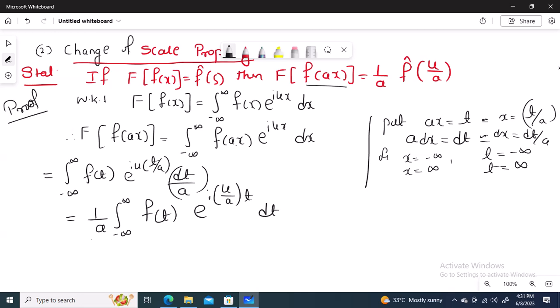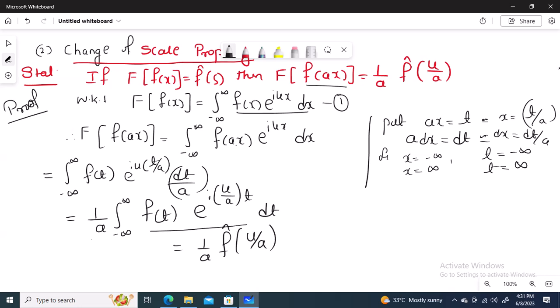Now compare this term with the definition: f of x, e power iux dx, with only the variables changed. In place of u, we have u by a. Therefore, based on equation 1, I can easily write this as 1 by a into f cap of u by a.